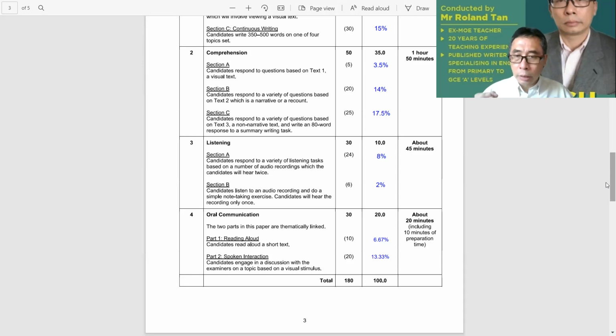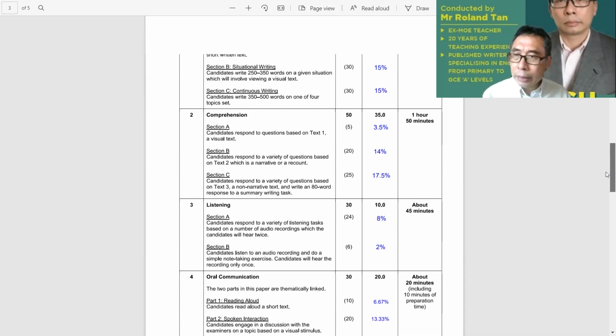It is a good deal, if I may put it that way, because this 18% is quite easily attainable, considering that spoken English is something that we should be very familiar with. And in the revision package, I'll be giving you lots of tips on how to ace these components.